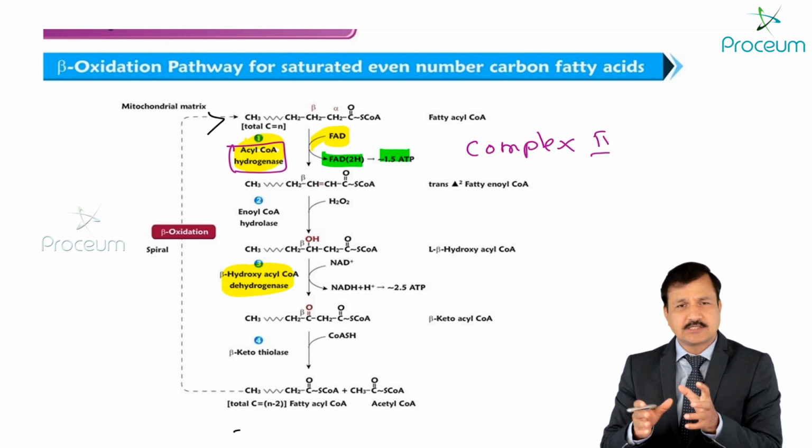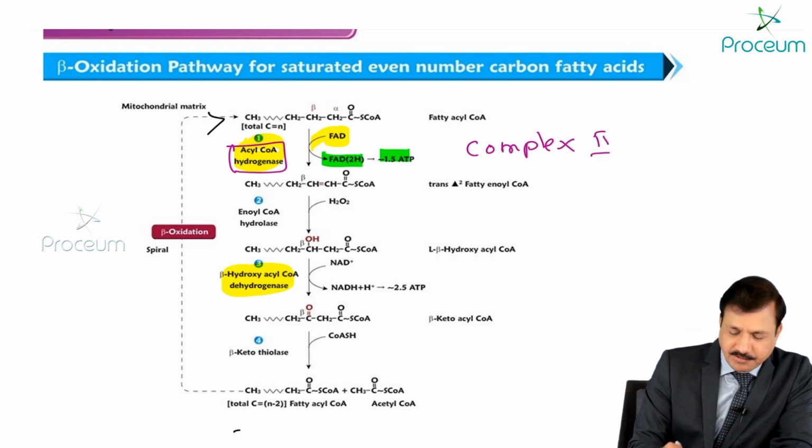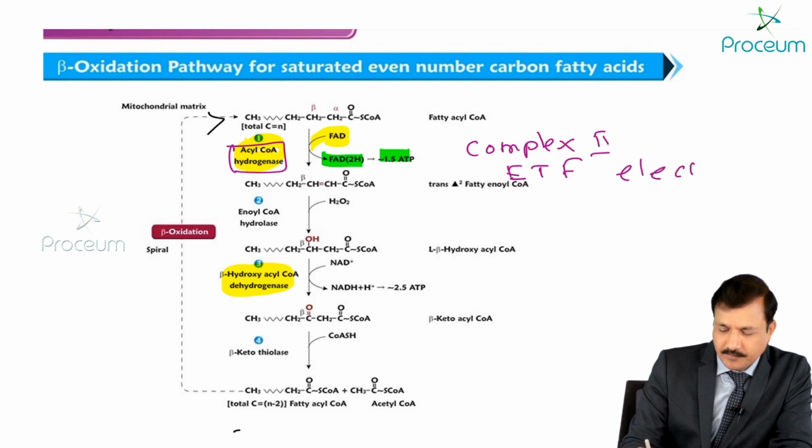Now, how does it get into complex 2? There is a molecule called electron transferring flavoprotein, written as ETF. ETF is electron transferring flavoprotein.